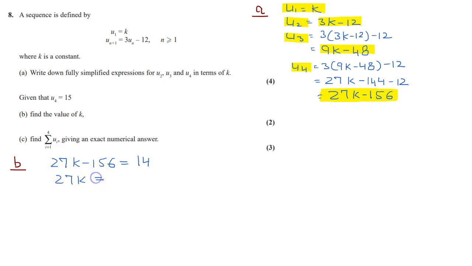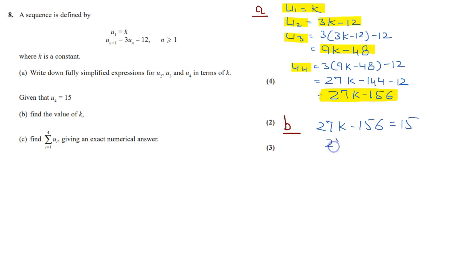It's not 14, it's 15. Part B, let's do it here. That is 27k minus 156 is equal to 15. So 27k is equal to 15 plus 156, that is 171.